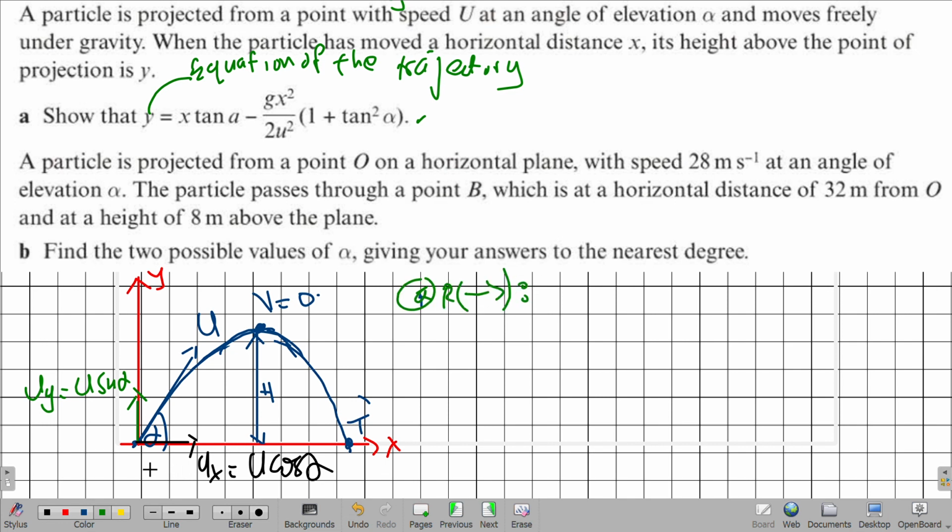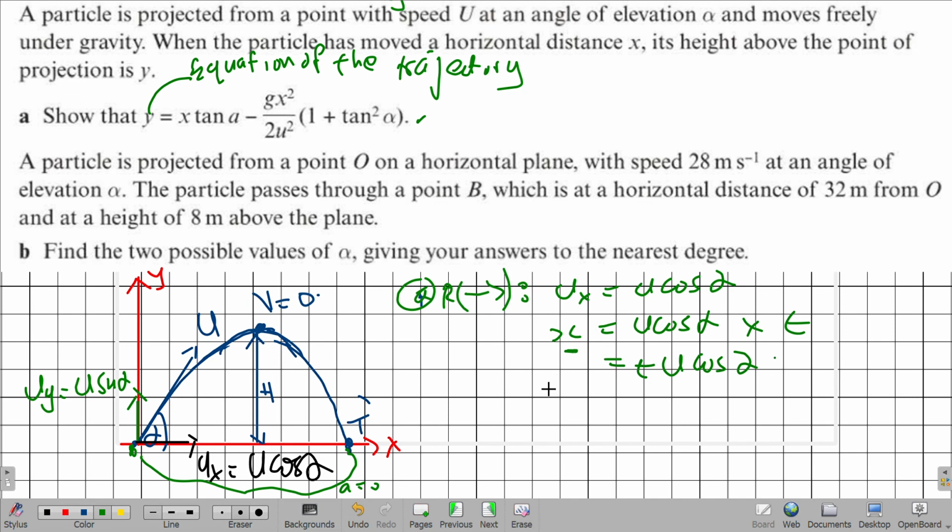If I resolve horizontally, we know that the velocity from this point up until this point after time t is ux, because acceleration is 0. So we're going to have ux equal to u cos alpha, which means that x is u cos alpha times t, which we can write as t u cos alpha. That is the displacement x.